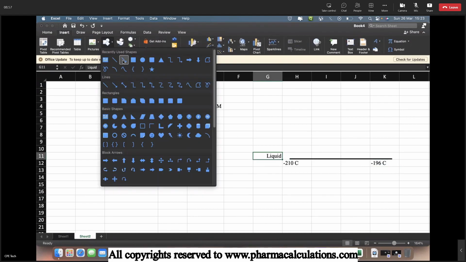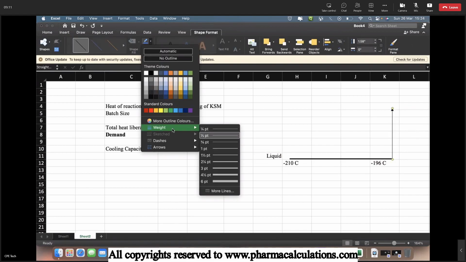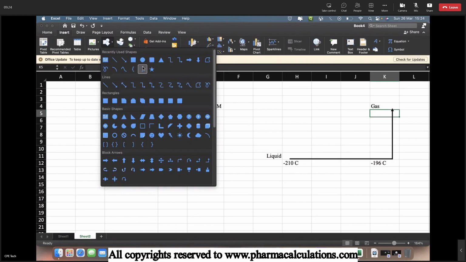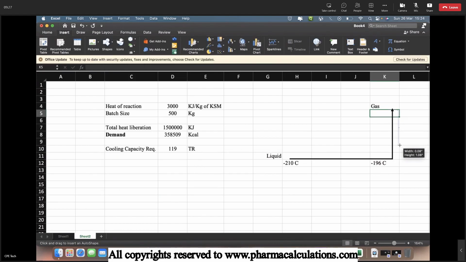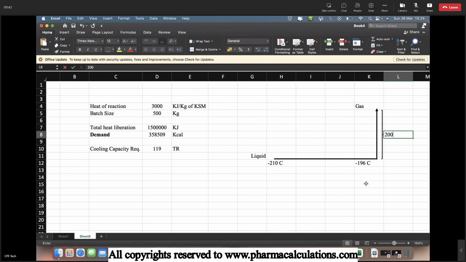From here, if any further thermal energy is transferred to this liquid nitrogen, it will turn into a gas. It is nothing but the boiling point. The vertical arrow indicates a phase change, from liquid to gas, and the energy absorbed during the phase change is nothing but the latent heat, and this latent heat is approx 200 kilojoule per kg.